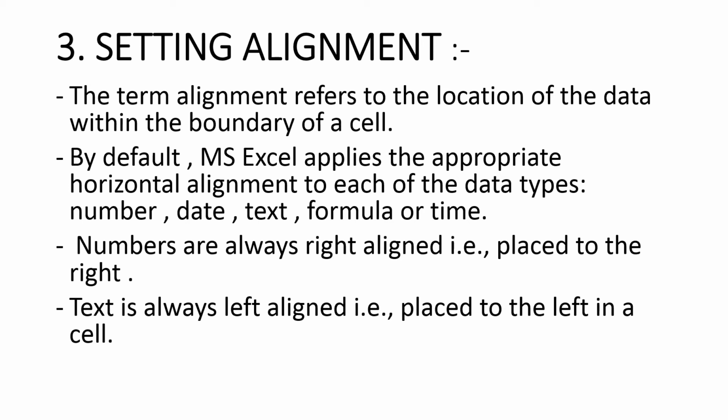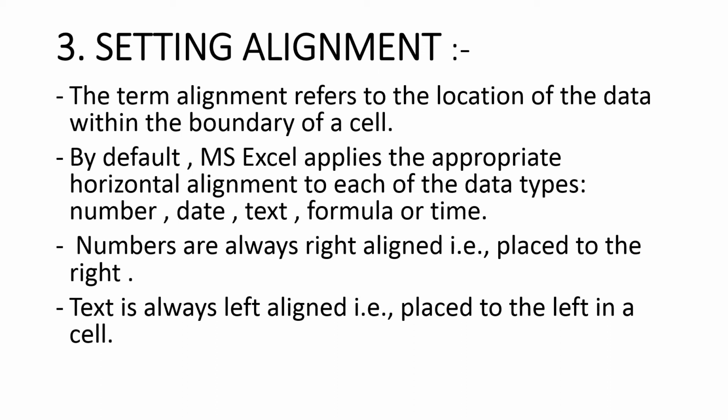By default, horizontal alignment is applied to number, date, text, formula or time. Numbers are always aligned to the right; that is why they are placed to the right. Text is always left aligned, and that is why it is placed to the left in the cell.